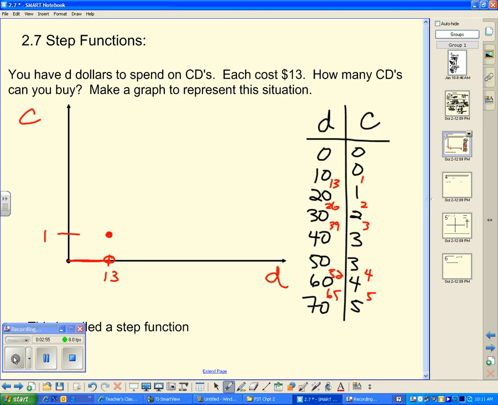Now, from 13 to 14 to 15, all the way up to $26, like $25.99, that's all I can buy is 1 CD. But once I hit $26, once I have that in my pocket, now I can jump up and I can buy 2 CDs.